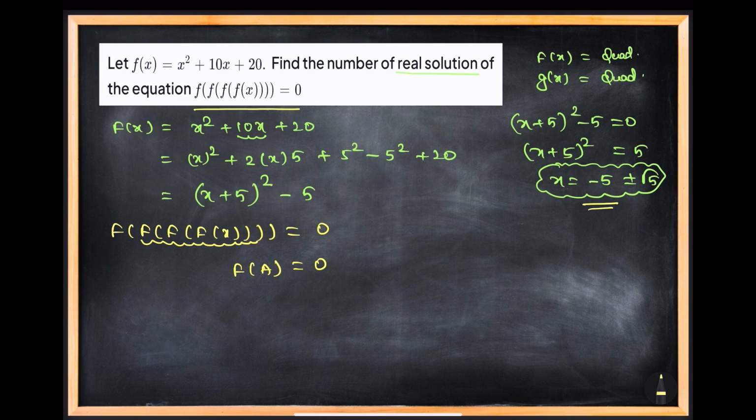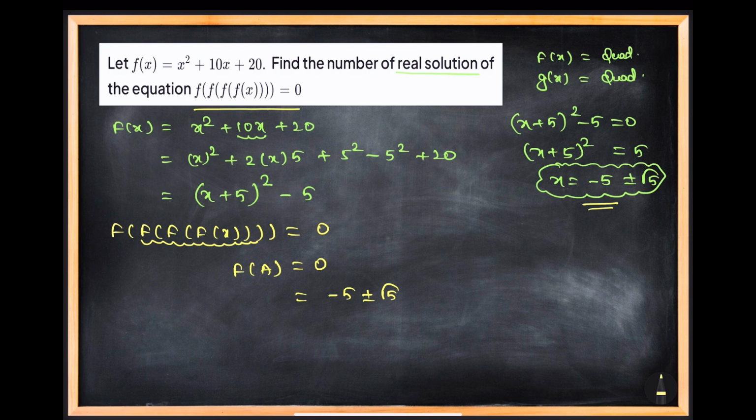So can I write f of a as this? Meaning who is f of a? This thing, x of f of f of f, equals minus 5 plus or minus root 5. Correct? Wait, it's not the correct thing. What I will do: this is f of a equal to this.